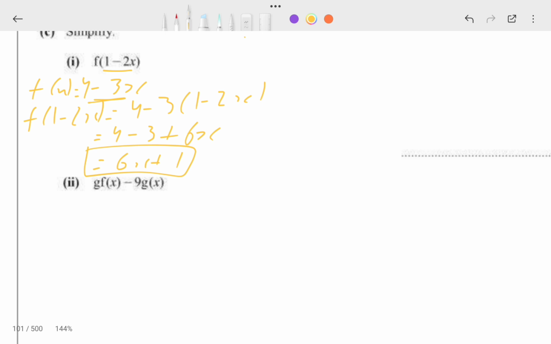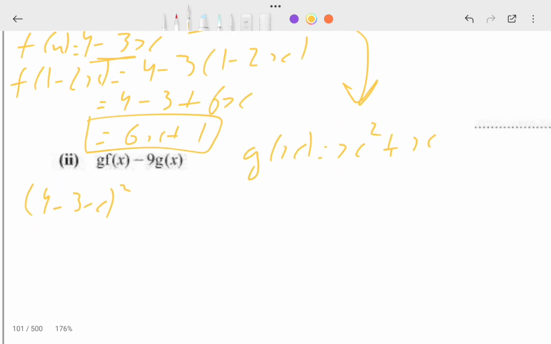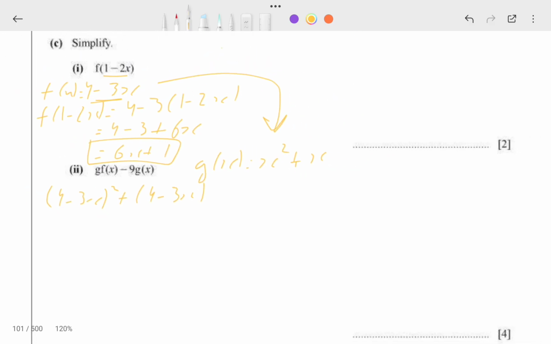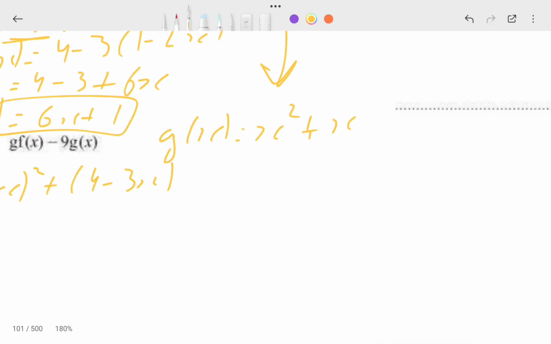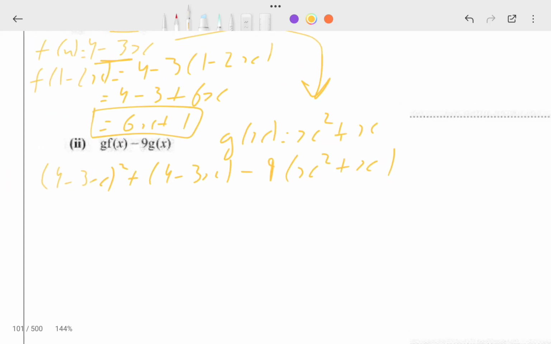See part 2. So g(x) is equal to x squared plus x. So we will put f(x) in g(x). So (4 minus 3x) squared plus 4 minus 3x, and minus 9x squared plus x. Now we will simplify this equation.